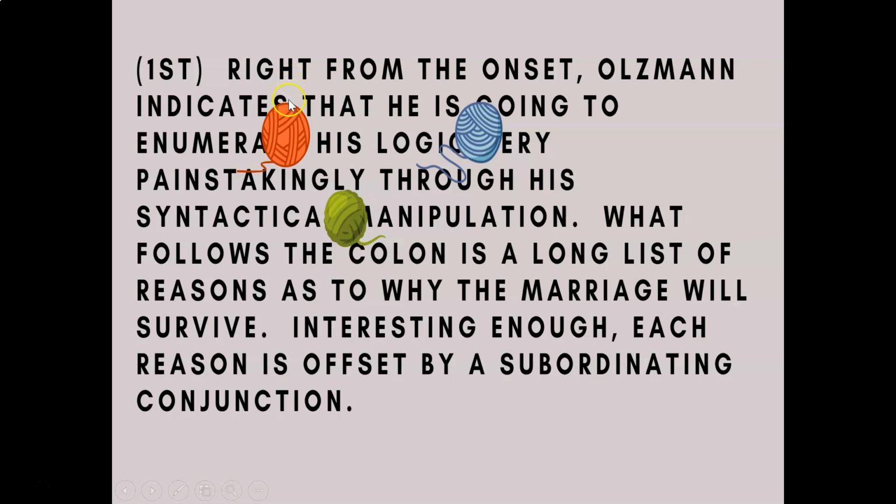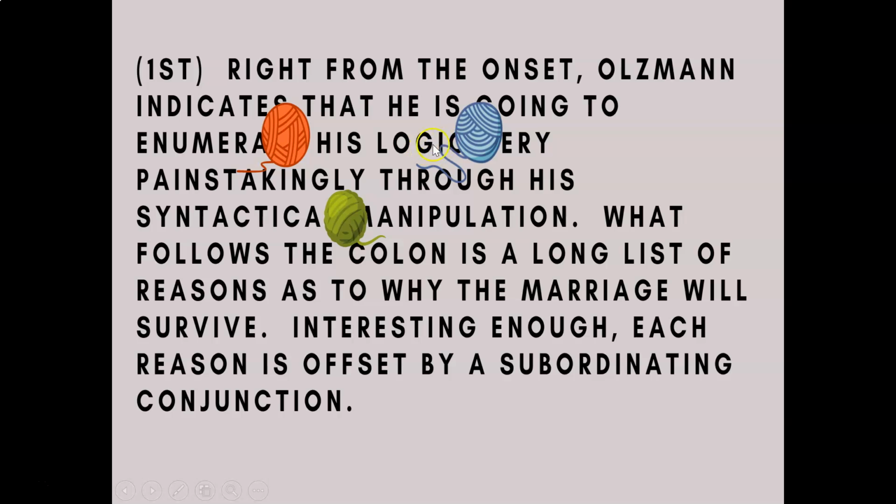Right from the onset, Ozmann indicates that he's going to enumerate his logic very painstakingly through his syntactical manipulation. So we just got a few things going on here. We're going to have to talk about the enumeration. That's huge. All those sentences that begin with because. His logic, even though we're doing literary analysis, the logic is kind of his logos or his theme, we would say in literary analysis.